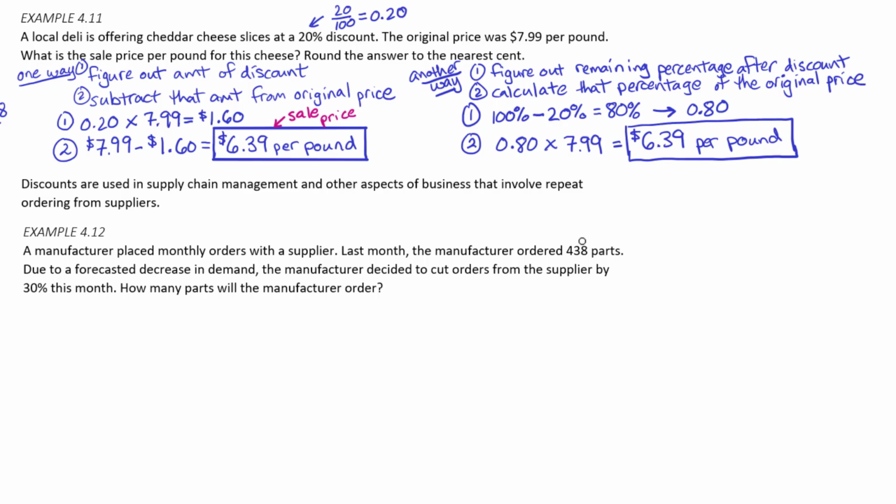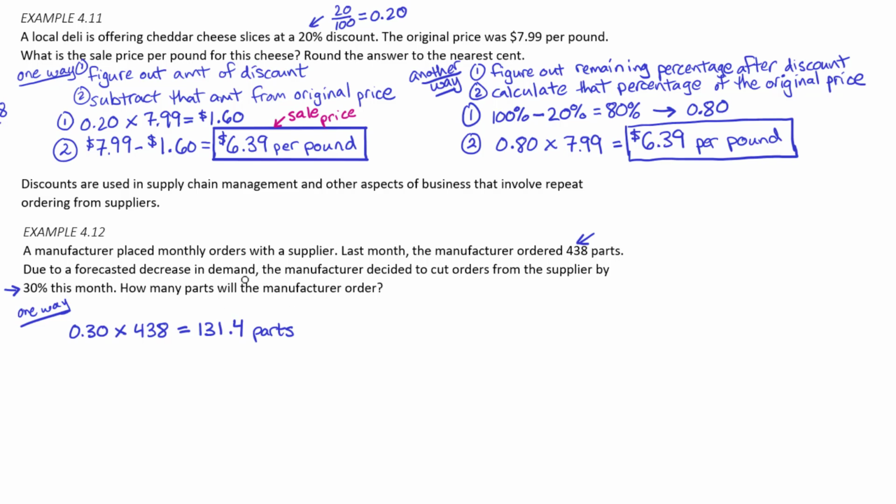The original amount, the amount that they ordered last month, is 438 parts, and we want to decrease that amount by 30%. Following those algorithms I wrote out in example 4.11, let's do this both ways. One way is to figure out that 30%, which is 0.30 times 438, is 131.4 parts.